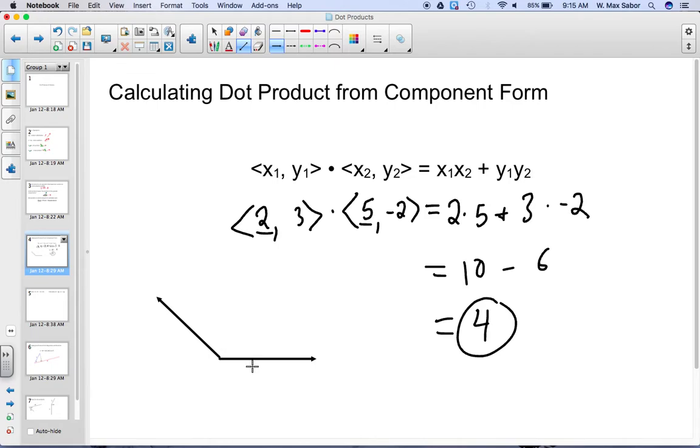Or we can get a zero dot product if there is no parallel component. So these two vectors are not parallel. Therefore, you should know automatically the dot product has to be 0. If they are completely parallel, then you're just multiplying their magnitudes because 100% of the vectors are parallel.